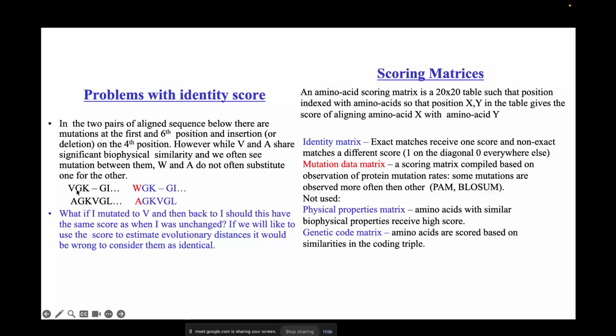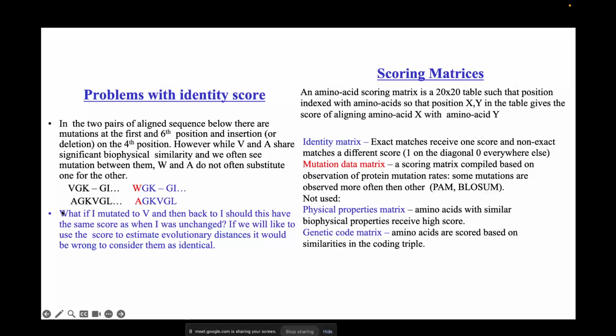The first position is a mismatch, then GK matches, then there is a gap here, then G is again matching, and in the sixth position there is another mismatch. However, V and A share a significant biophysical similarity, and we often see mutations between them.